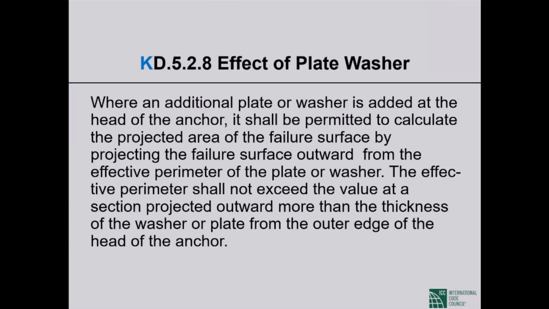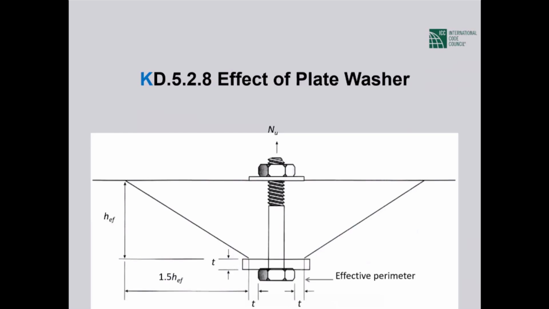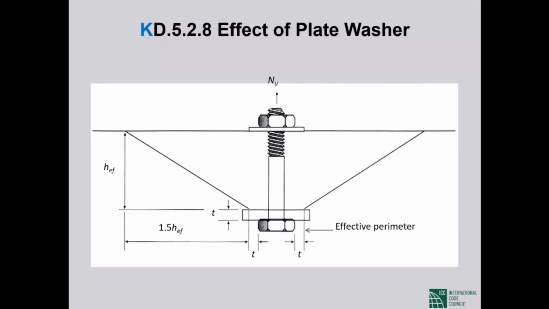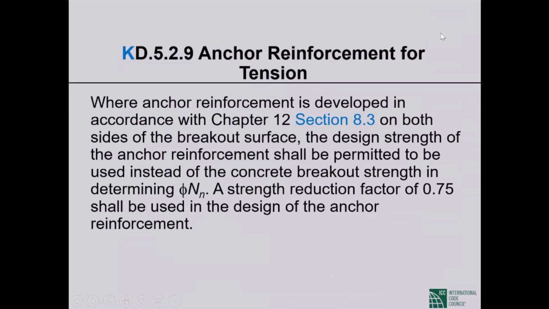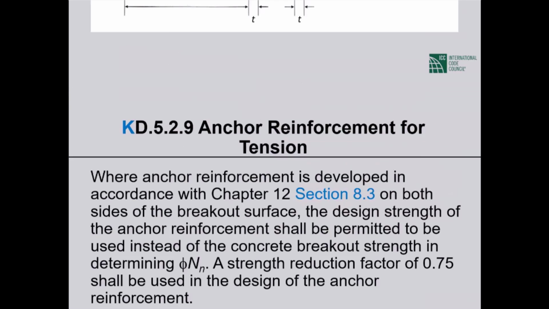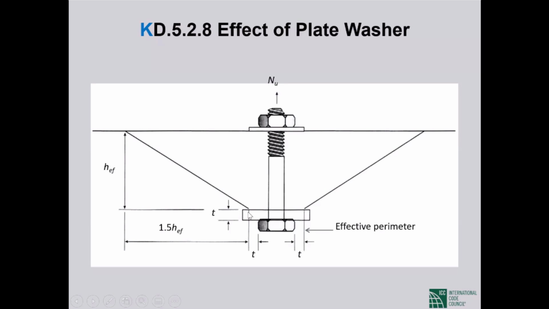If you have a plate washer on your anchor bolt, which some people use to enhance breakout strength, the advantage you get is, if you didn't have the washer, your failure planes will start from here and there. If you have the washer, then your failure plane starts from here, where this distance is equal to the thickness of the washer.